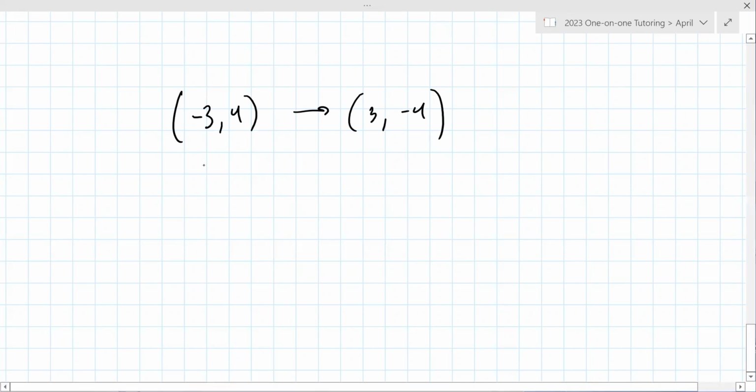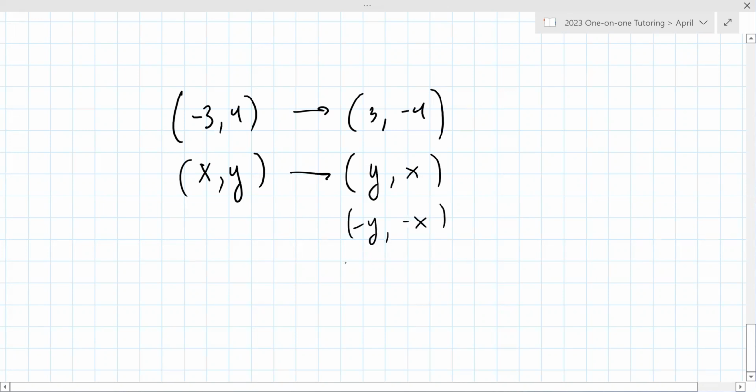What I'm asking you to do is say this is x and y. So what happens to x? It went from -3 to +3. What does that mean in terms of this? It flipped over the y-axis, or I mean, reflected. Here are some possibilities: it could be (y, x), it could be (-y, -x), it could be (-x, y), or (x, -y).